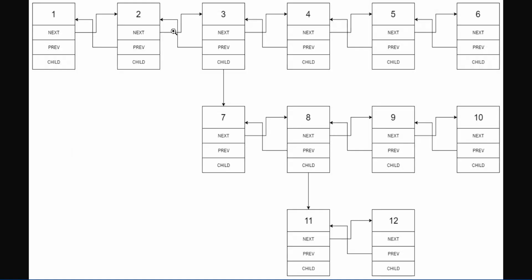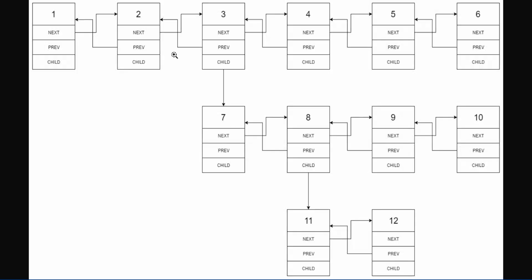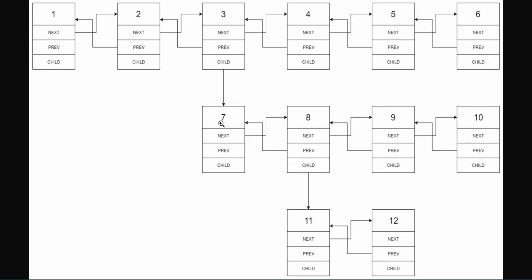Basically what we have to do is merge this particular part between these two nodes. Similarly, for this particular linked list we will have to add this list in between, and then the resultant list we will be adding into this.